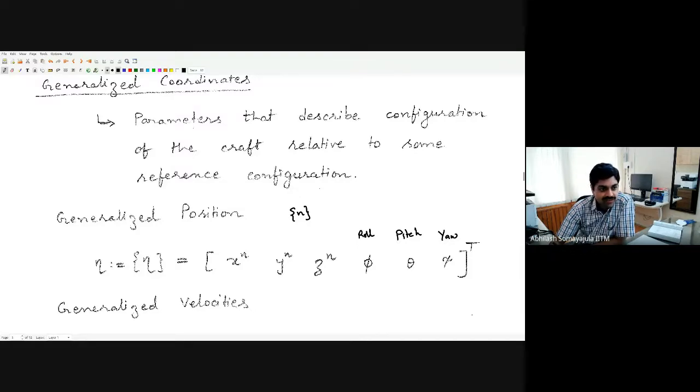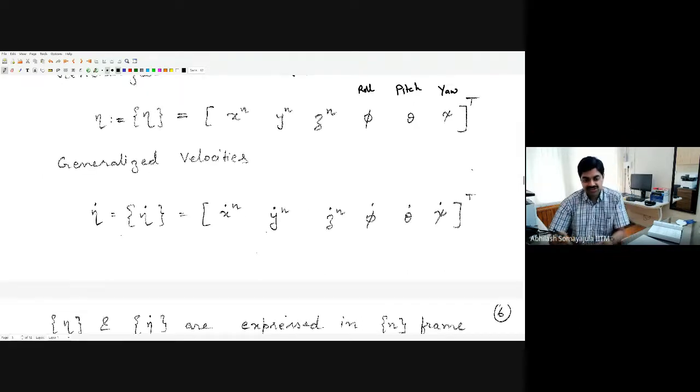Okay, let's go further. The generalized velocity of the craft can be defined by taking a derivative of the generalized position. A time derivative is denoted by the dot above. So eta dot becomes x dot n, y dot n, z dot n, phi dot, theta dot, and psi dot.